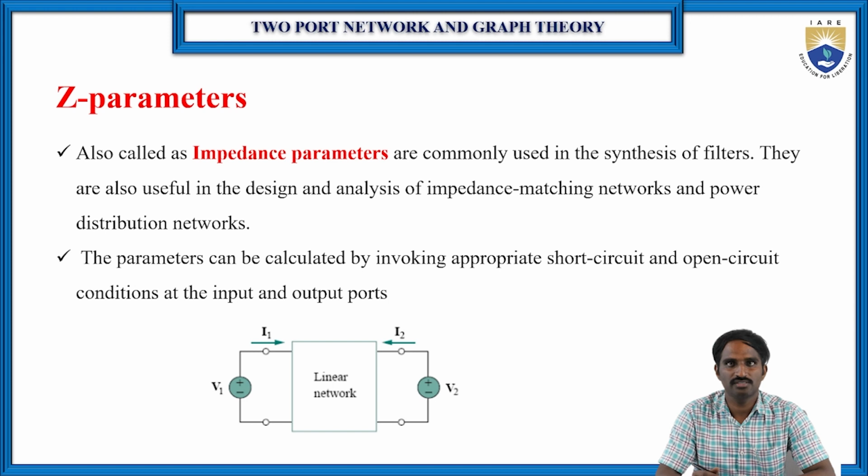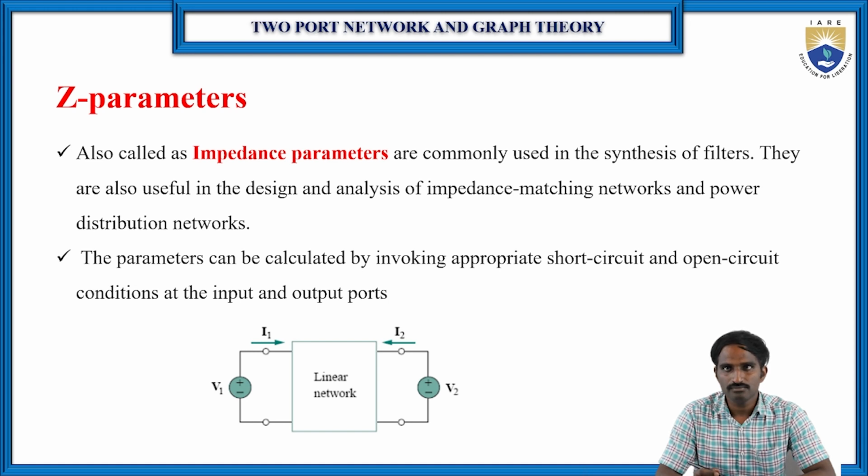These impedance parameters are also useful in the design and analysis of impedance matching networks in the power distribution network, because impedance matching with the supply and the load is very important.